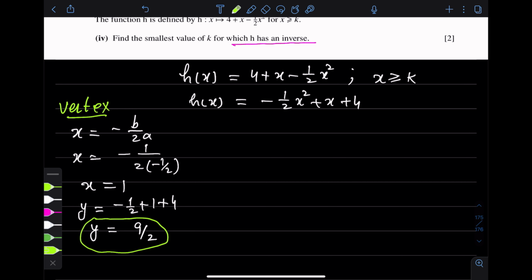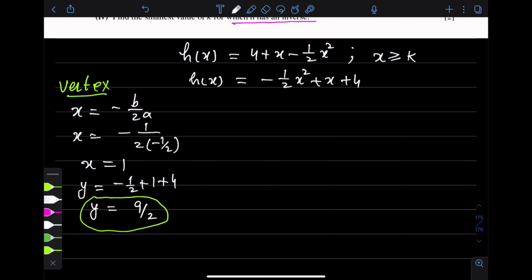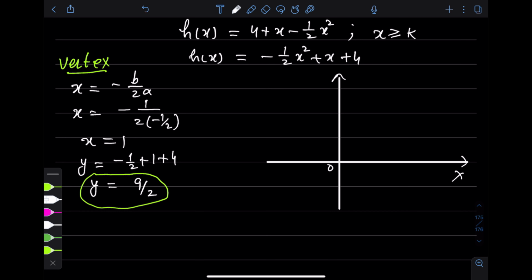Now this is the sketch for this graph, for this function h(x). The vertex coordinates are 1, 9 over 2.